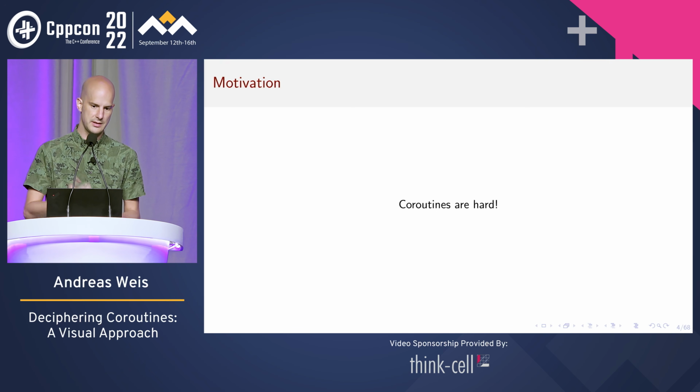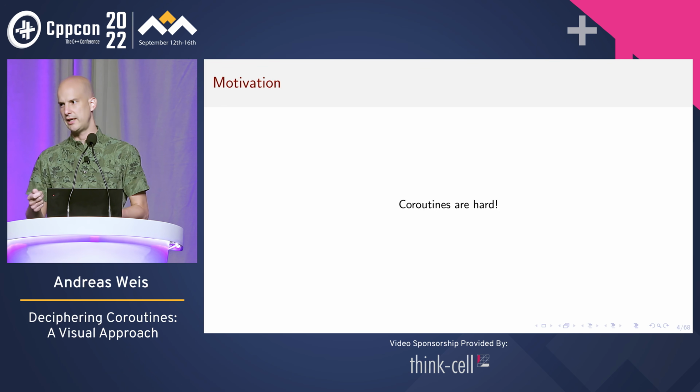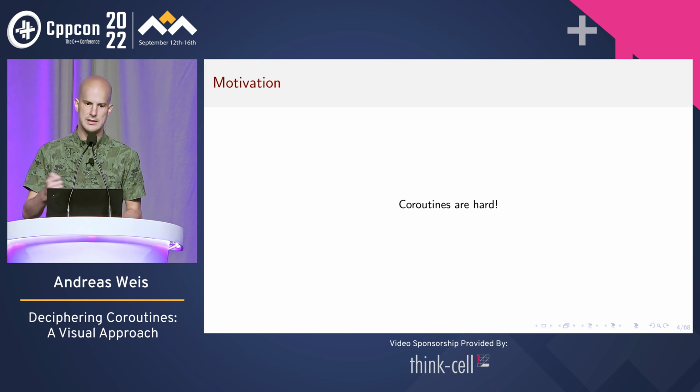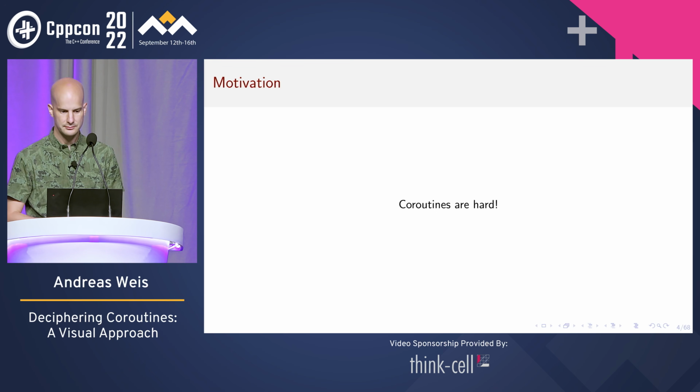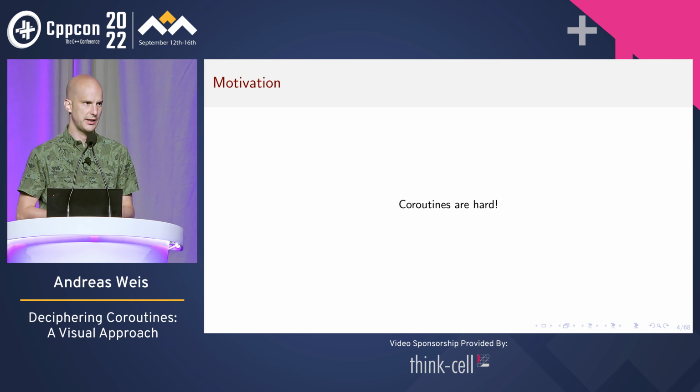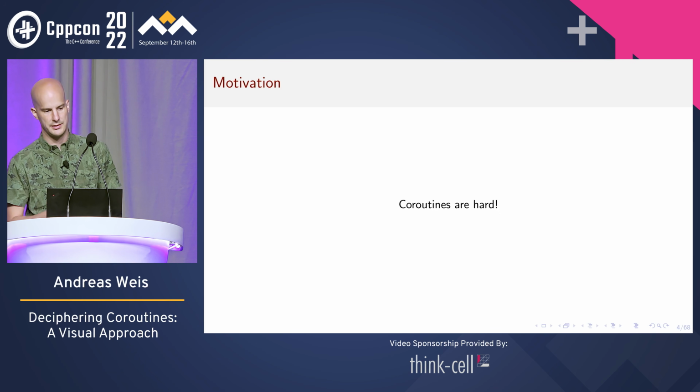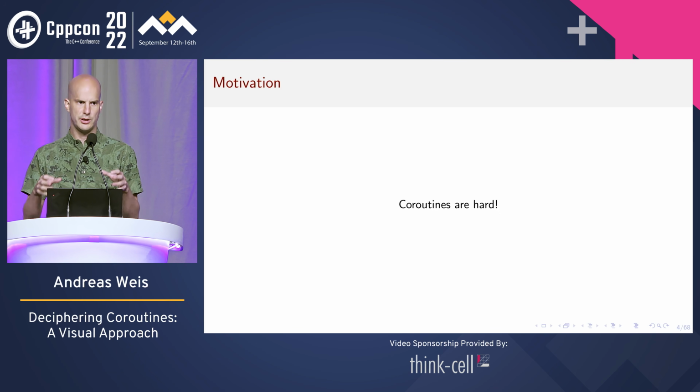So the idea of this talk is to not just give an introduction to the topic, but also give it in a way that can be remembered easily later on. The feature is way too big and too complex to introduce all at once in a single talk, so in this talk, we're only going to focus on the syntax.